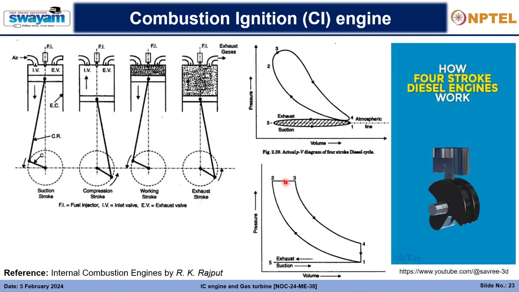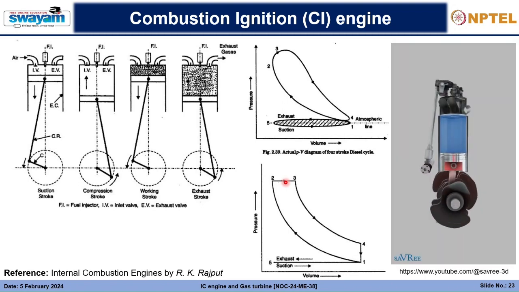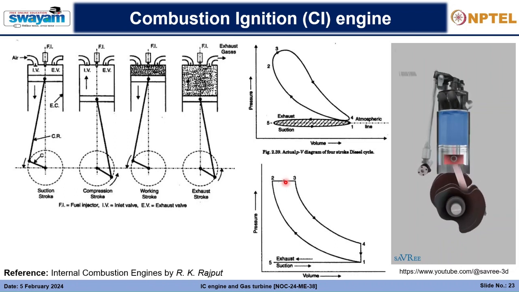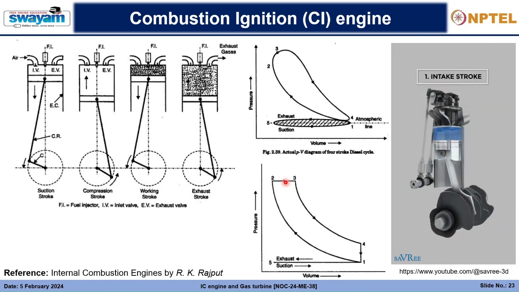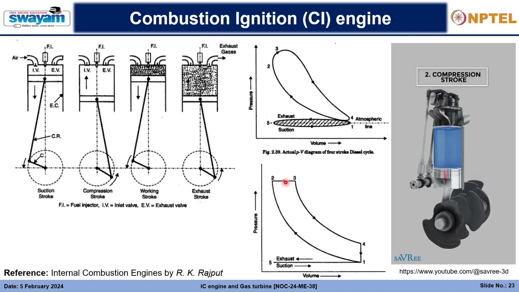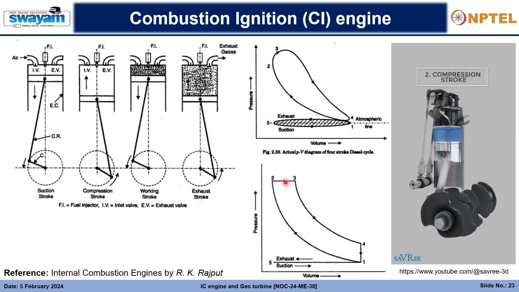How four-stroke diesel engines work. Four-stroke diesel engines use four strokes of a piston to complete one combustion cycle. The four strokes are intake stroke: the piston moves down, drawing air into the cylinder via the air intake valves. Compression stroke: the piston moves up, compressing the air within the cylinder.